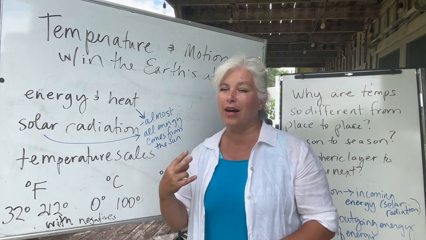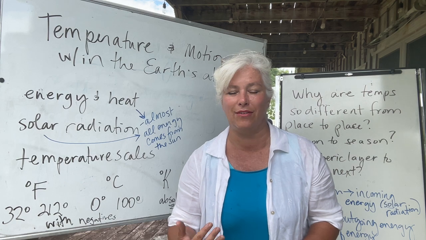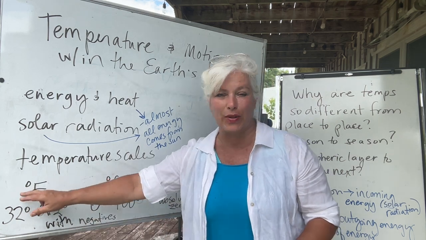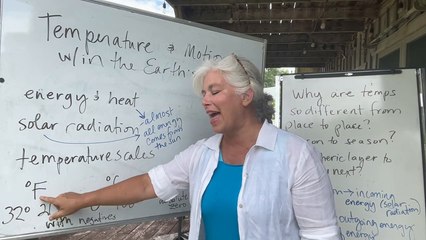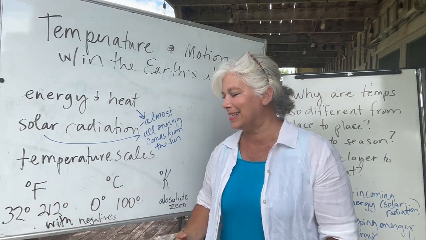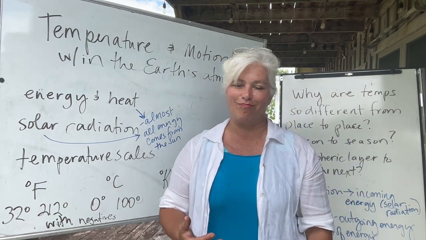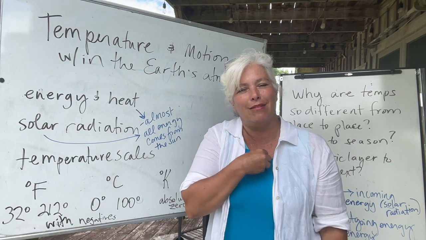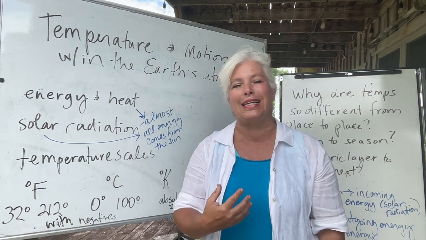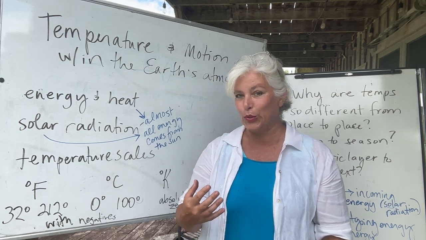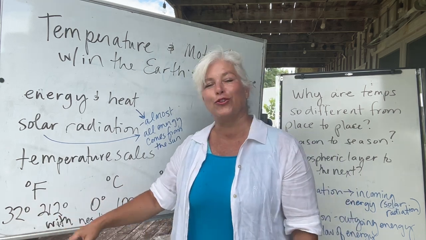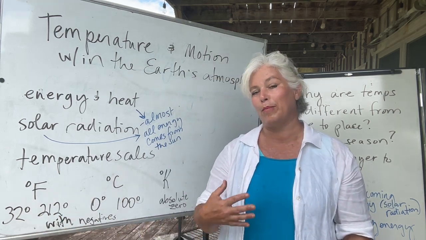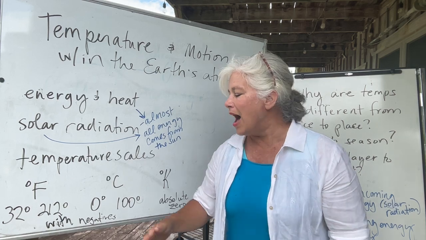The two temperature scales that you will see in physical geography are degrees Fahrenheit, where the little circle is a degree symbol and the F stands for Fahrenheit. This is the most common temperature scale that we grow up learning about in the United States. 32 degrees Fahrenheit is the freezing point, and 212 degrees Fahrenheit is the point at which water boils.